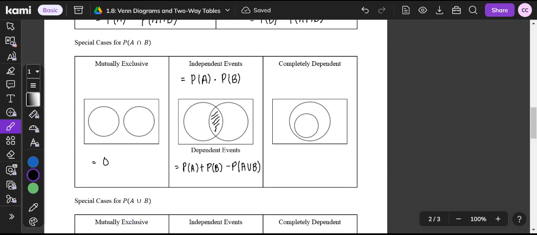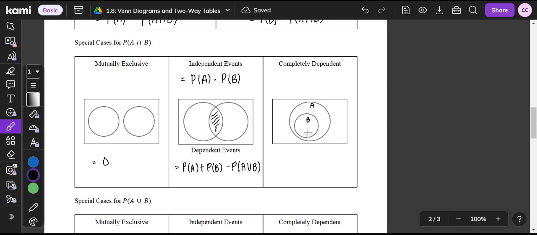Okay, and then the last thing we have is something called completely dependent events. Meaning, if you notice, if I call this A and this B, event B is entirely inside of event A. Meaning, if event B happens, that means event A definitely had to have happened first. Okay, they're completely dependent.